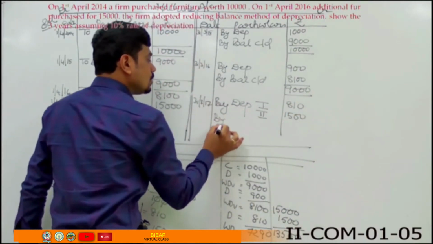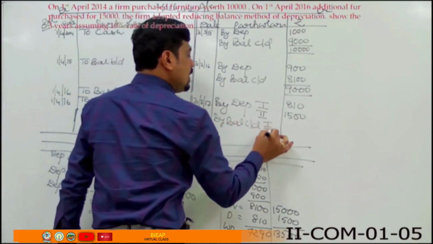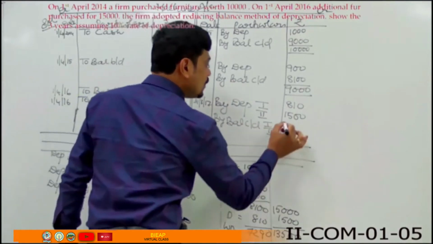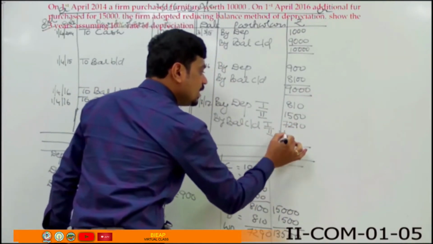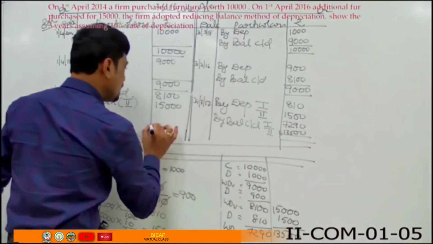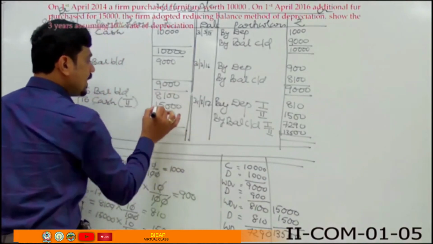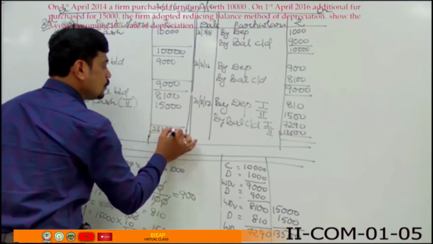Close the account. By balance carried down, machine 1, machine 2. What is the written down value of machine 1? 7,290. And here 13,500. Do the total. We close. 15 plus 8, 23. 23,100.